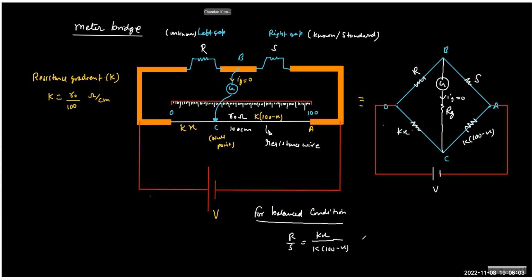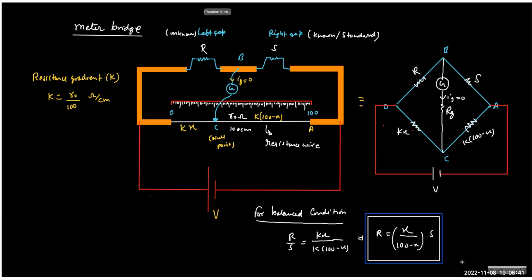Okay. And therefore the R turns out to be in the ratio of length. Because anyway, what matters is the ratio. So you can see now that the resistance which was unknown can be derived once we know the null point location. And this is the formula for the unknown resistance in terms of standard.